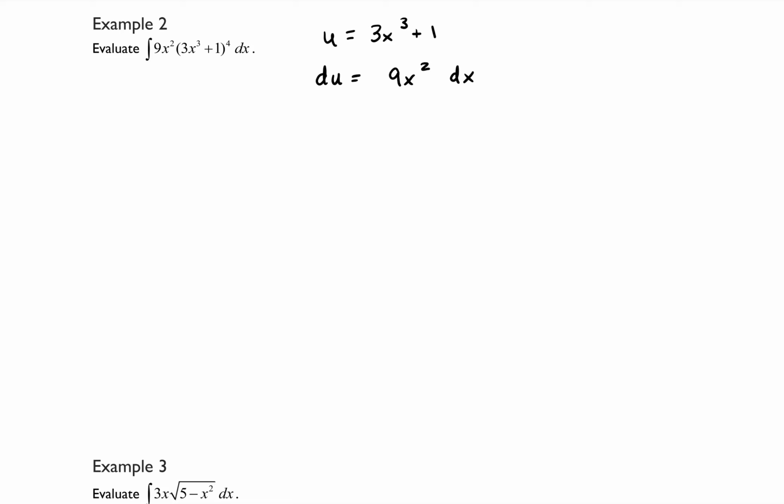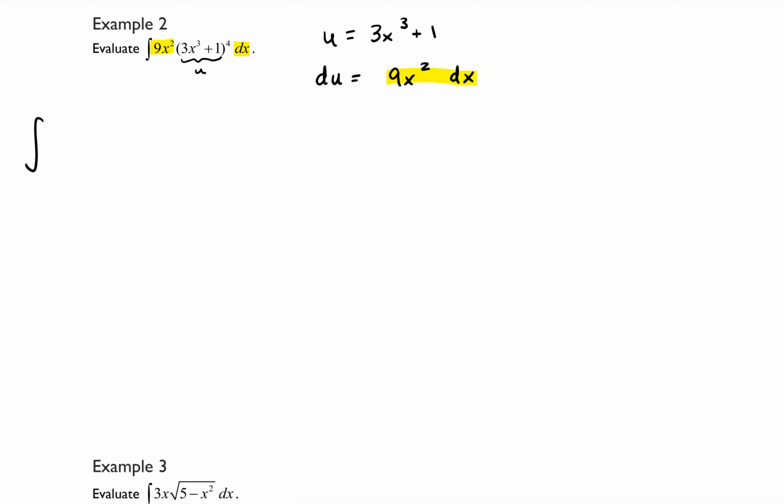Now, notice that 9x squared dx is right here. So I have 9x squared dx there, and I can substitute that with du. That's exactly what I'm going to do. And then I'm going to substitute the thing inside the parentheses for u.